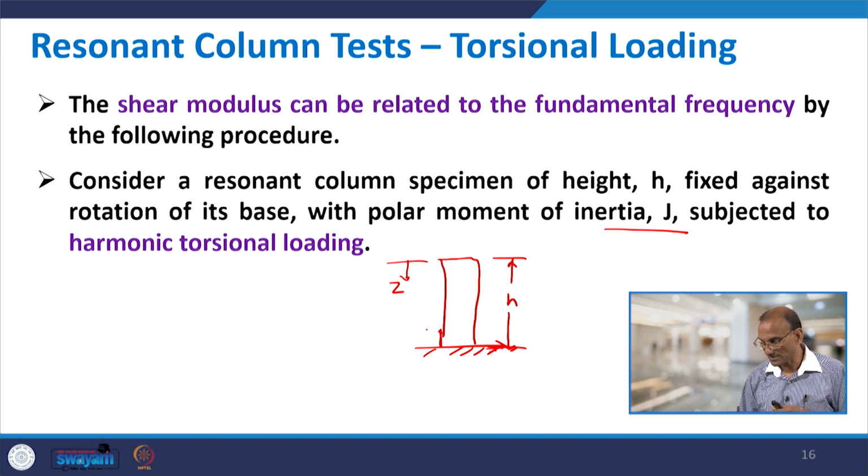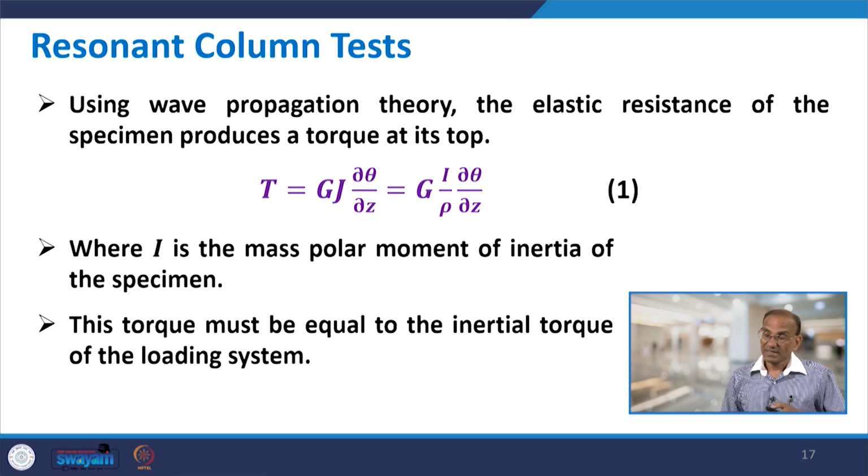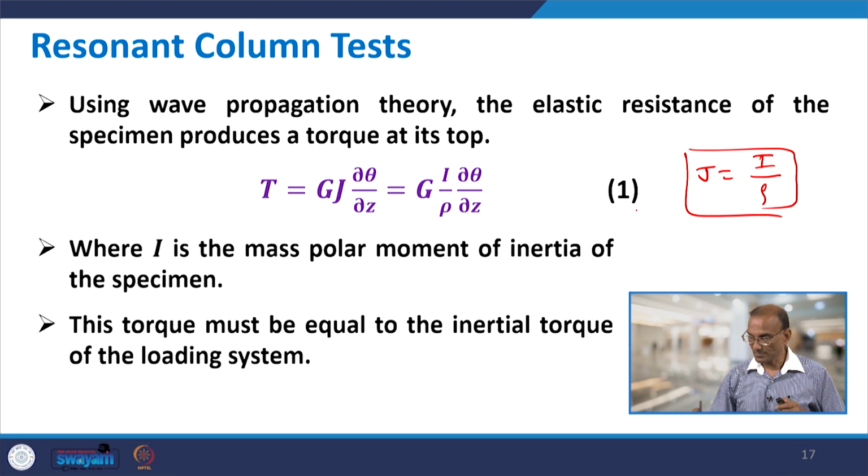So, at the top Z will be 0, and at the base Z equals h. In this equation, del theta by del Z is the strain, and strain multiplied by this gives you the stress, and then the torque. I in this case is the mass polar moment of inertia; J is nothing but I divided by rho, where rho is the mass density.